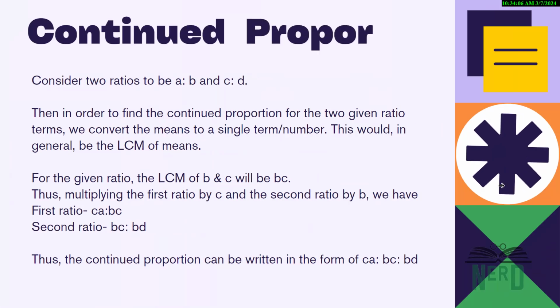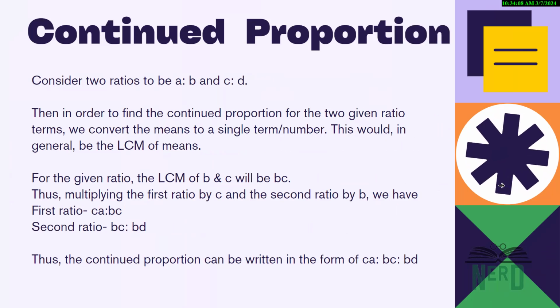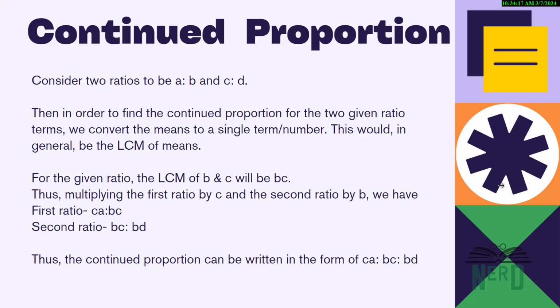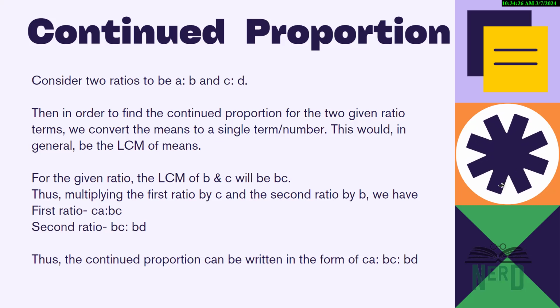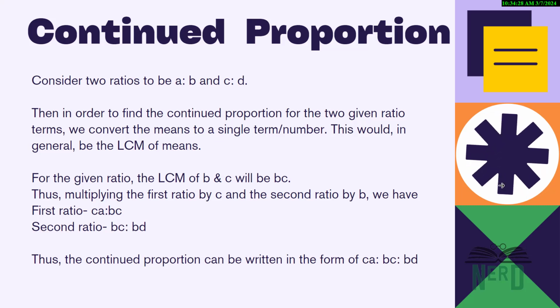And here is where you get most of the questions, which is continued proportion. So consider two ratios A is to B and C is to D. Then in order to find the continued proportion for two given ratio terms, we convert the means to a single term or number. This would in general be the LCM of the means.